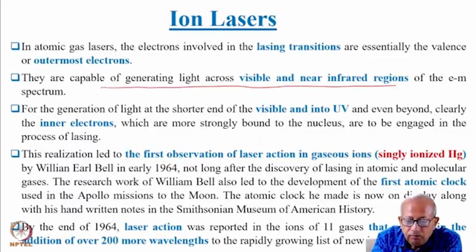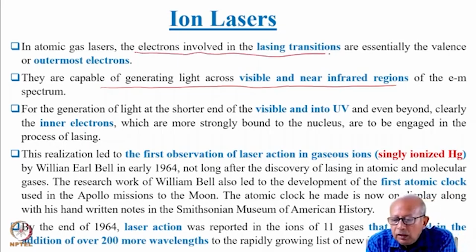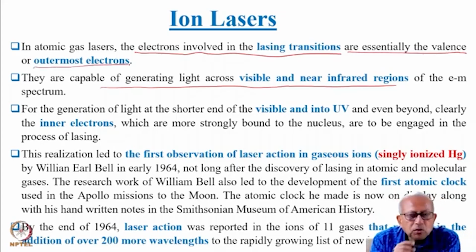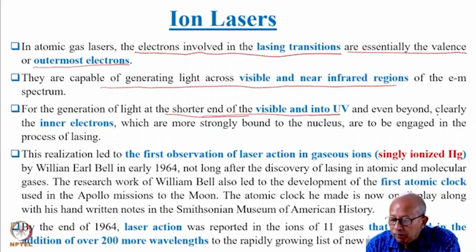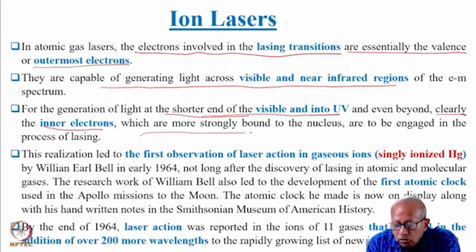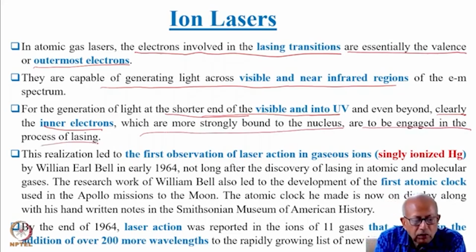That is simply because in atomic gas lasers, the electrons involved in the lasing transition are essentially the valence or outermost electrons. For the generation of light of shorter wavelength, at the shorter end of the visible and into ultraviolet, and even beyond, clearly the inner electrons, which are more strongly bound to the nucleus, are to be engaged in the process of lasing.